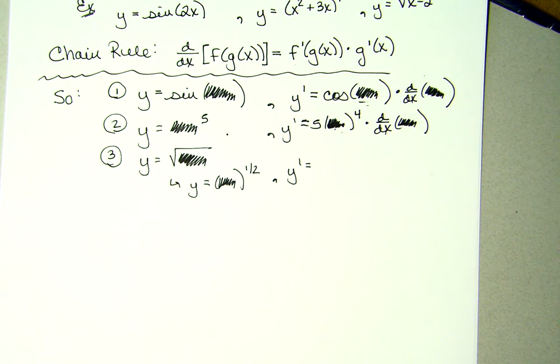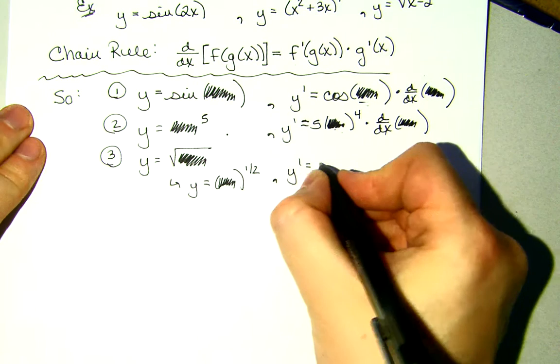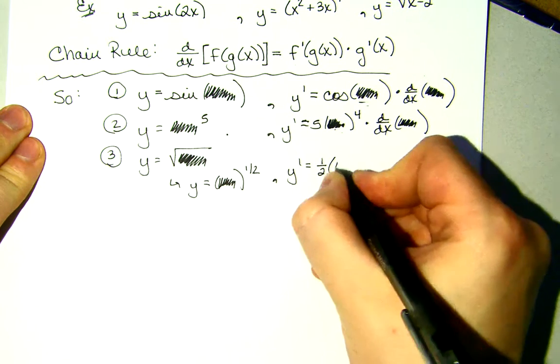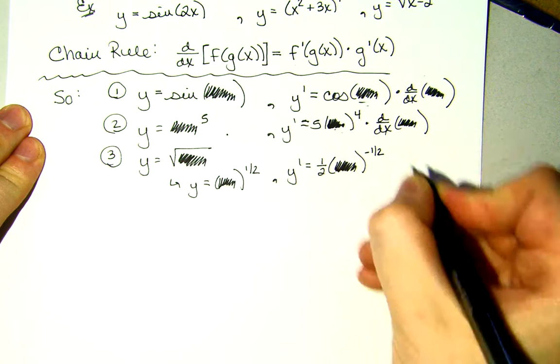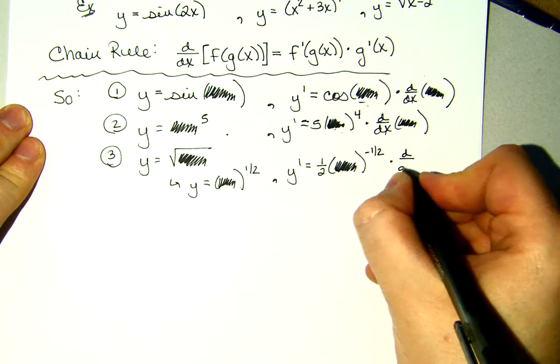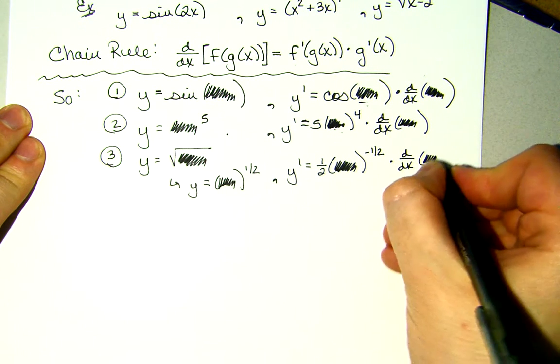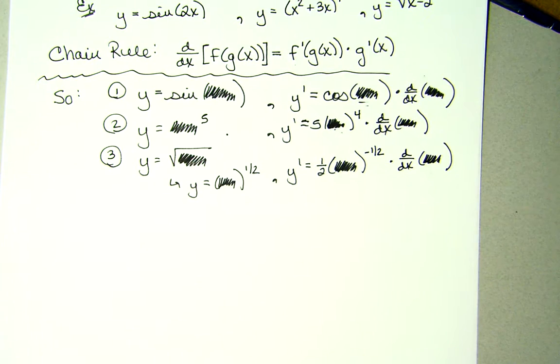I'm taking care of that 1/2. Leave that thing inside there. And then I'll just say at the end times the derivative of that inside piece. One half times that thing to the negative 1/2, times the derivative of the inside part.